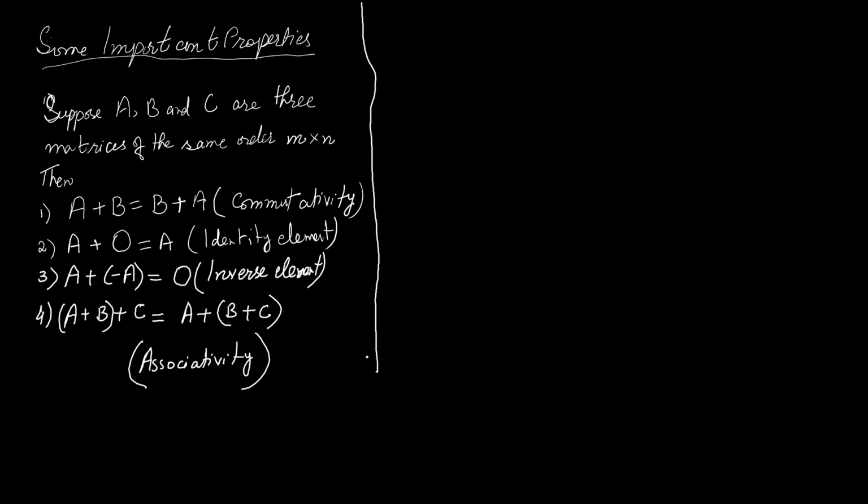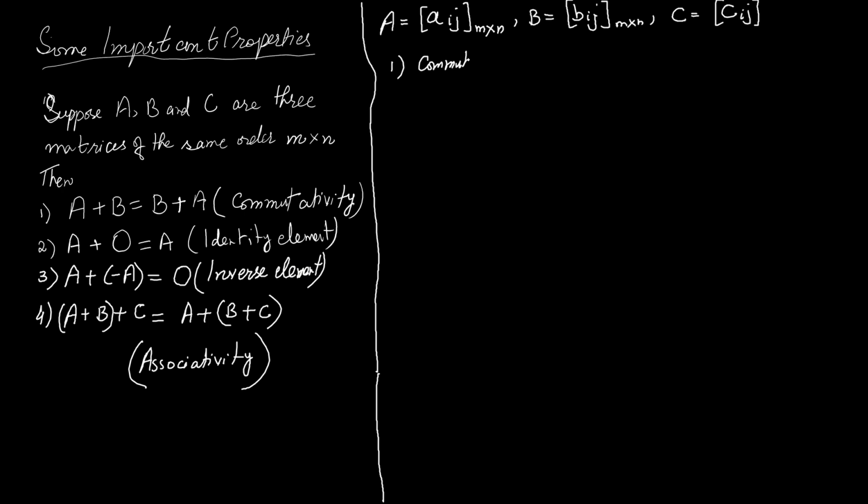Let us prove these properties formally. Suppose A is equal to Aij, B is equal to Bij and C is equal to Cij. The element at row i and column j of the matrix A plus B is the sum of the corresponding elements of the matrices A and B, which is Aij plus Bij.